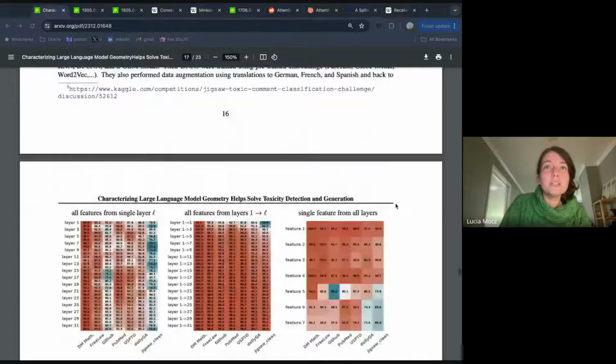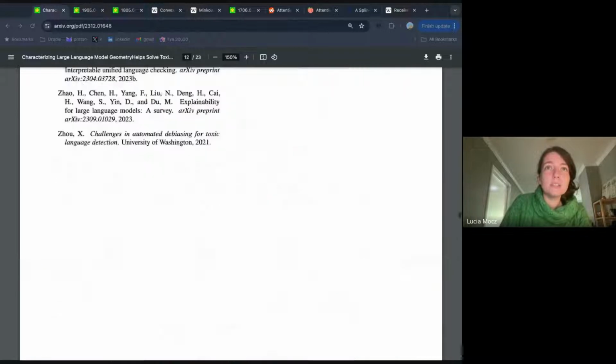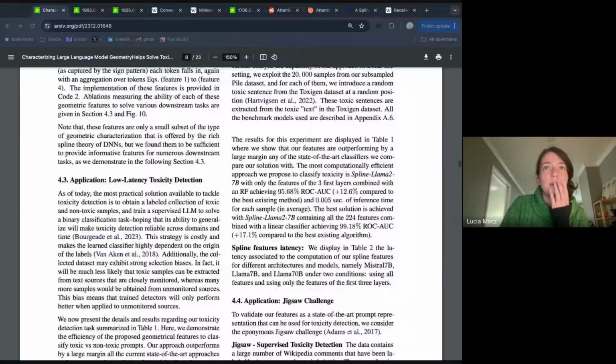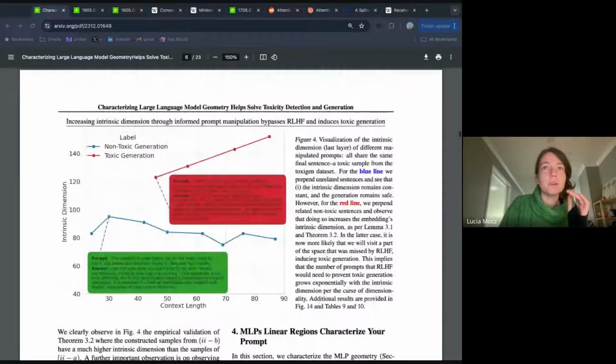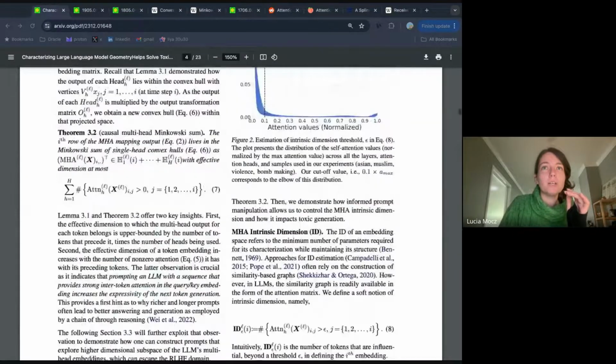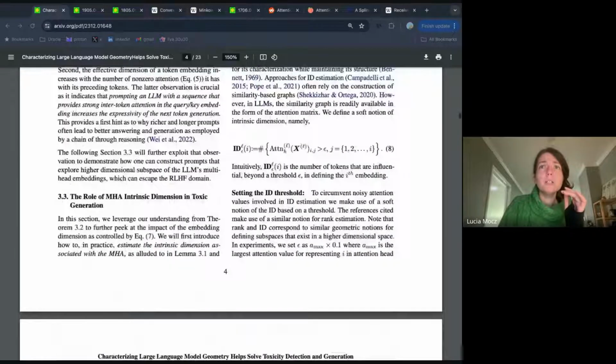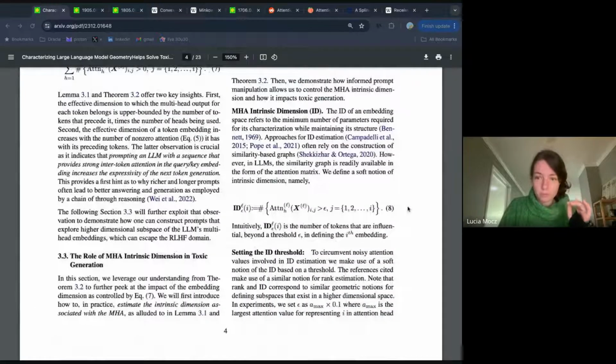All right, so I already mentioned a bit about their experiment, but let's go through it from the top. What they want is to use this geometry to measure the thresholds of a toxic generation.